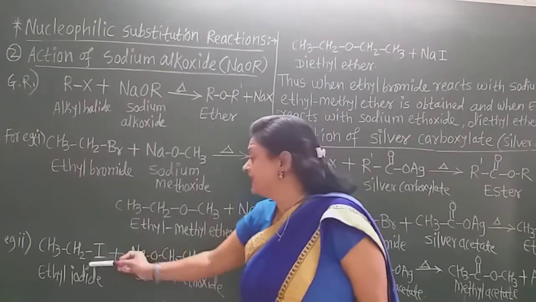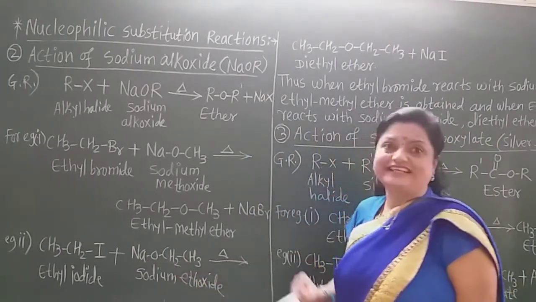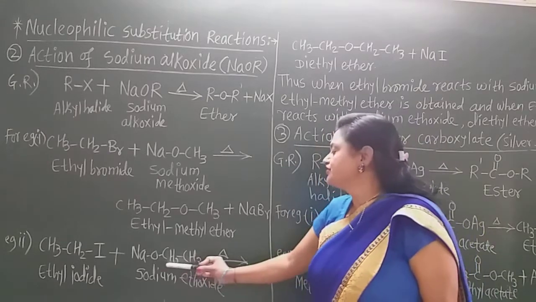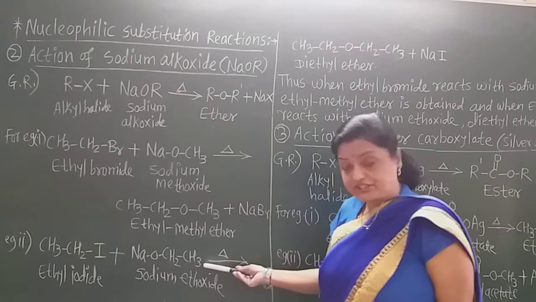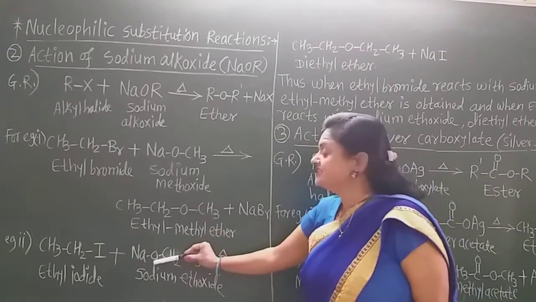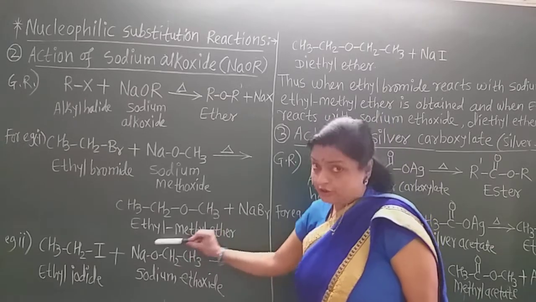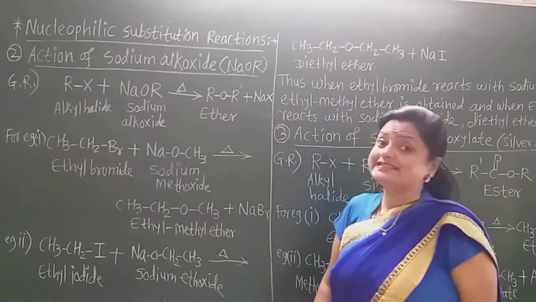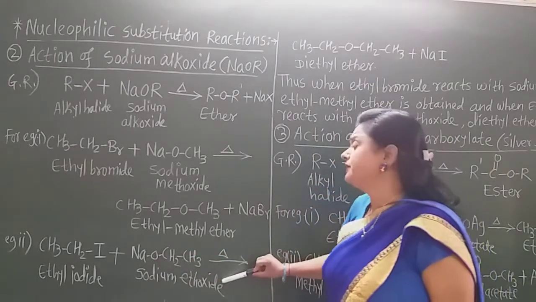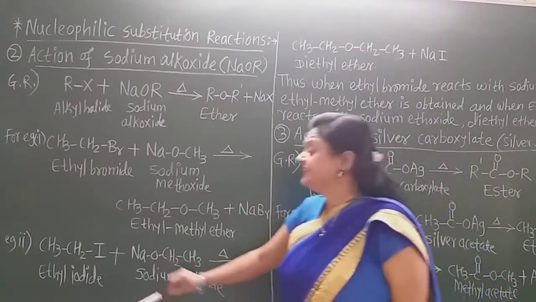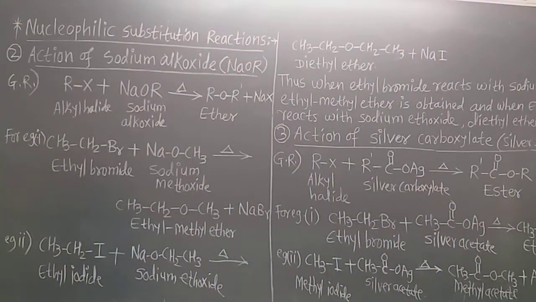Ethyl iodide reacts with sodium ethoxide, because this is OC2H5, the ethyl group, but I write it as CH2CH3. This is the ethyl group and this is oxygen, so the name of this group is ethoxide group, and as sodium is attached, it is sodium ethoxide. When sodium ethoxide is heated with ethyl iodide, diethyl ether is formed, which is a symmetrical ether.